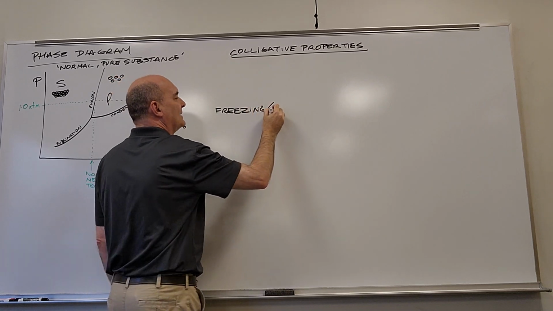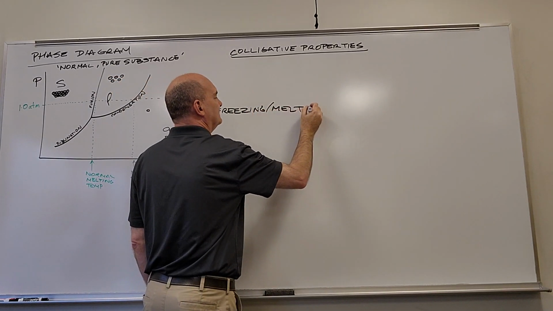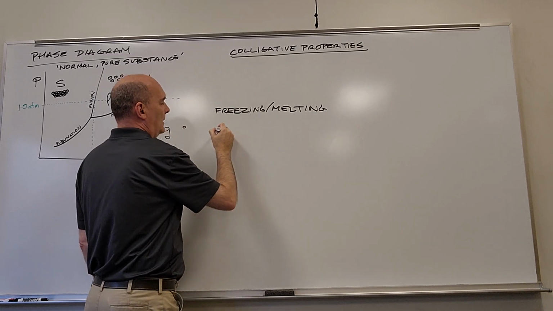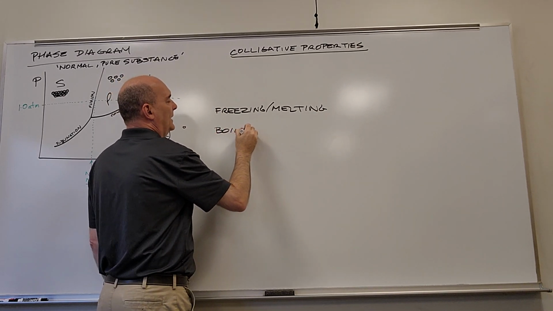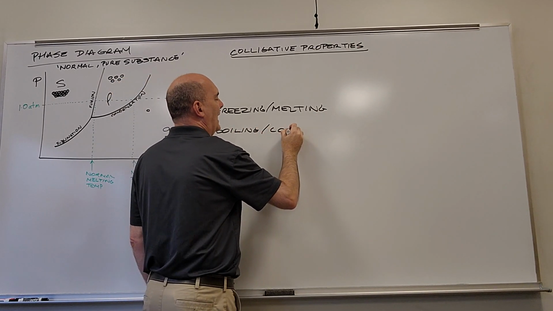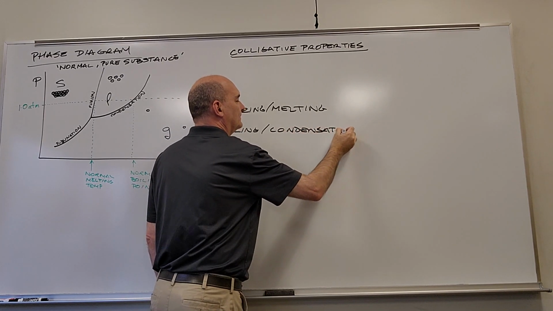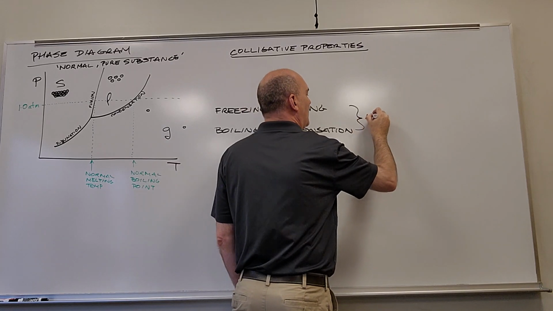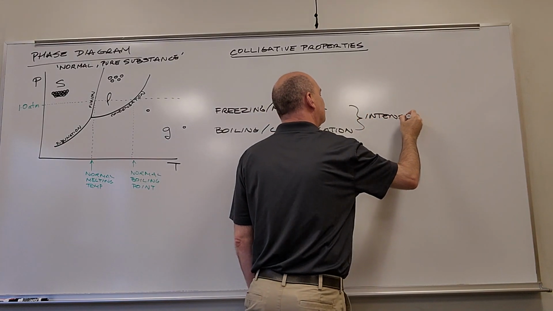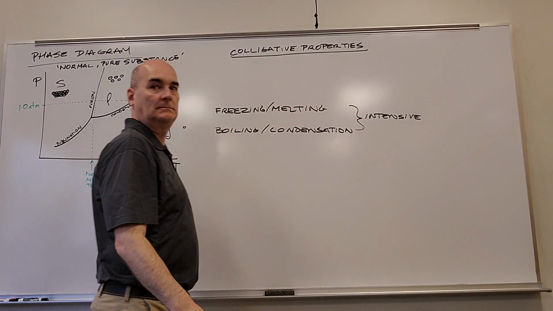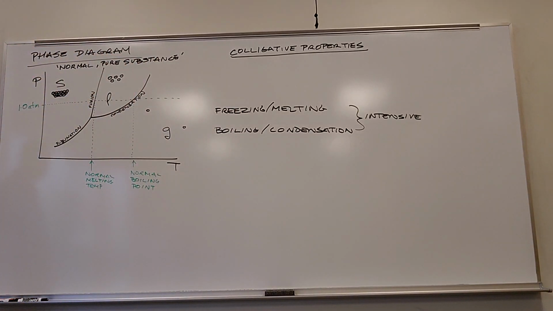Freezing and melting happen at the same time, at the same temperature, and boiling and condensation happen at the same time, at the same temperature, and they are intensive. What does that mean? It doesn't change with amount.